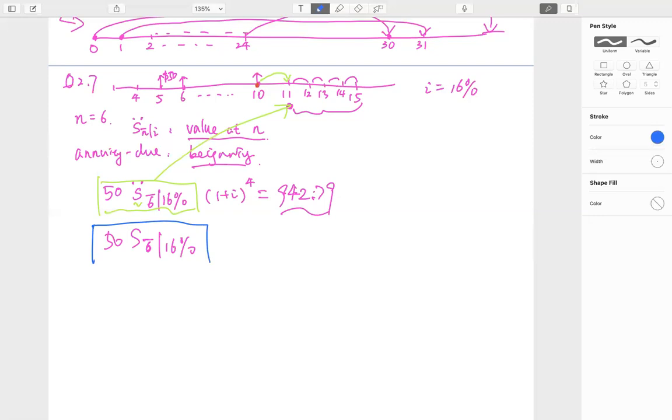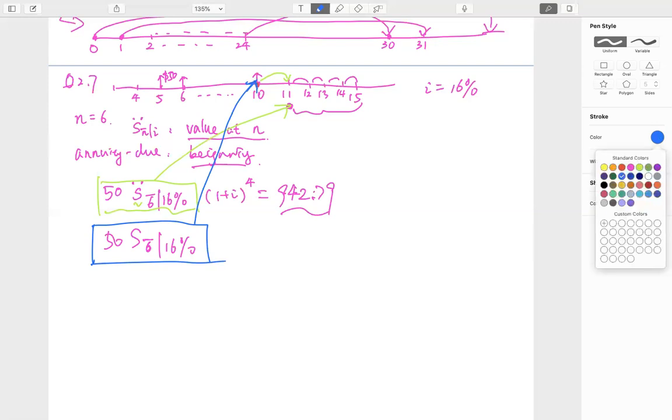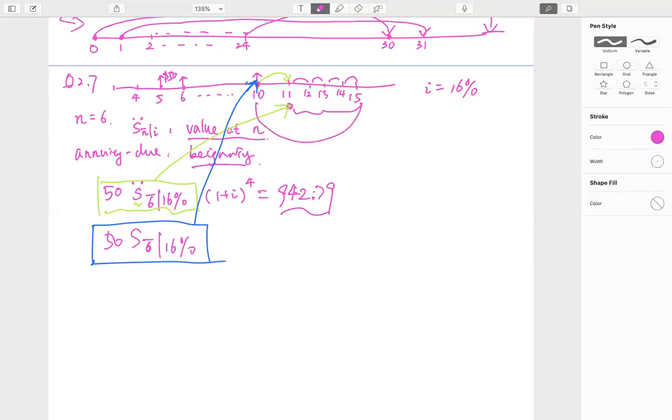So this is the payment at 10. In that case, what would be the accumulation factor from 10 to 15? 1 plus i to the fifth. Of course you'll get the same result, because the difference between annuity immediate and annuity due is 1 plus i, the 1 year accumulation factor.